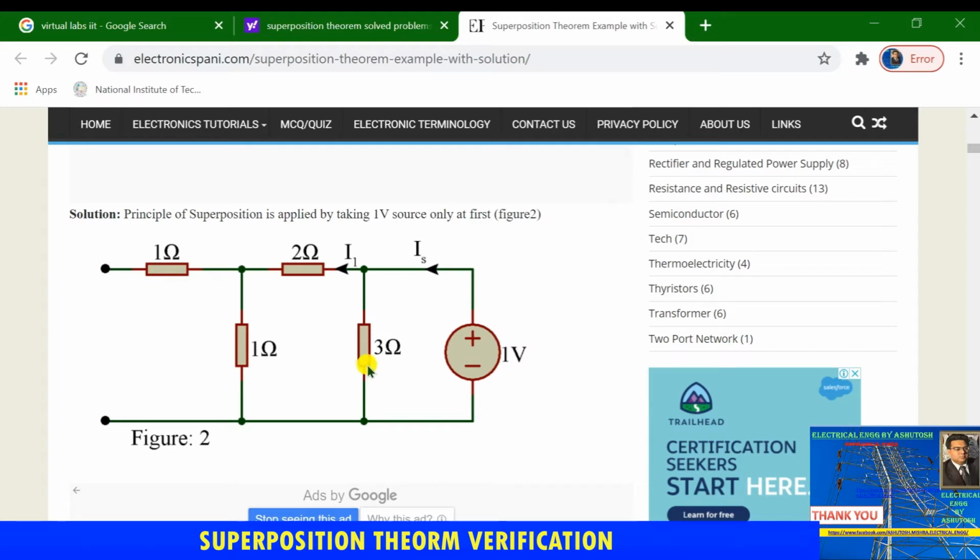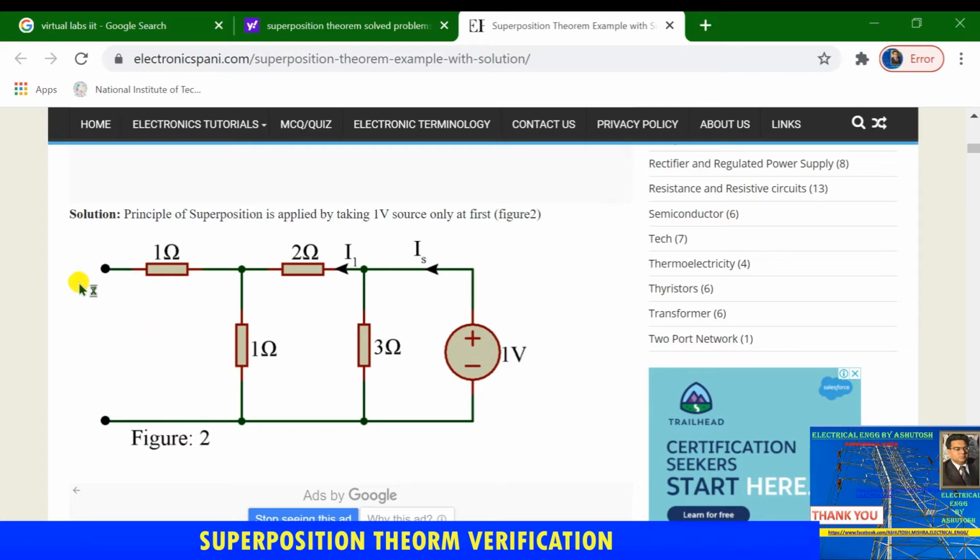It will remain in the circuit, and the current source is kept open circuited because it is replaced by its internal resistance. Basically it is kept open circuited because its ideal internal resistance is considered infinite.